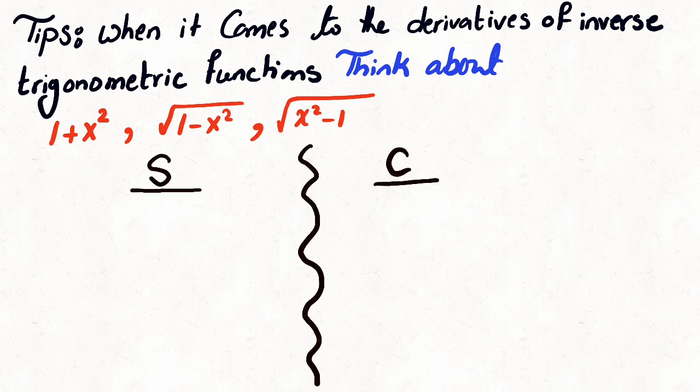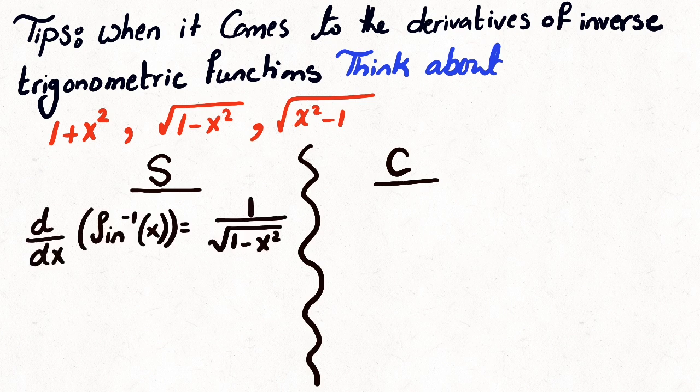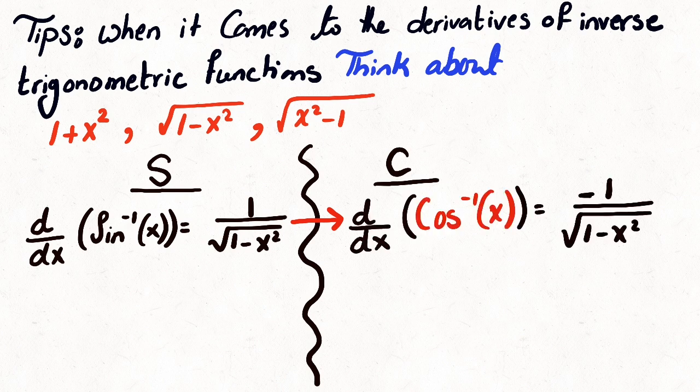Now, as I said, when you are dealing with functions with letter C or letter T, you will have d by dx sine inverse x, it is 1 over square root 1 minus x squared. Now go to letter C, cosine. Put negative, cosine inverse is attached with sine inverse. Thus it is going to be negative 1 over radical 1 minus x squared.